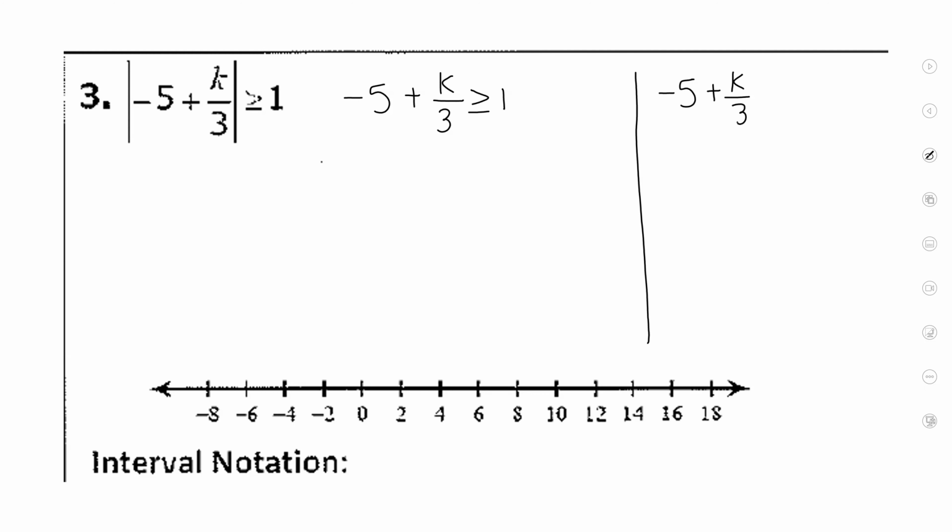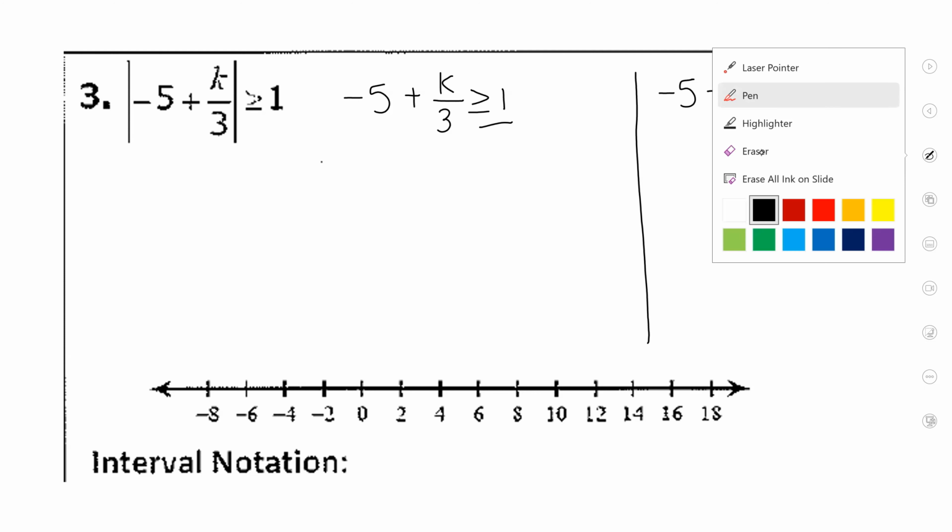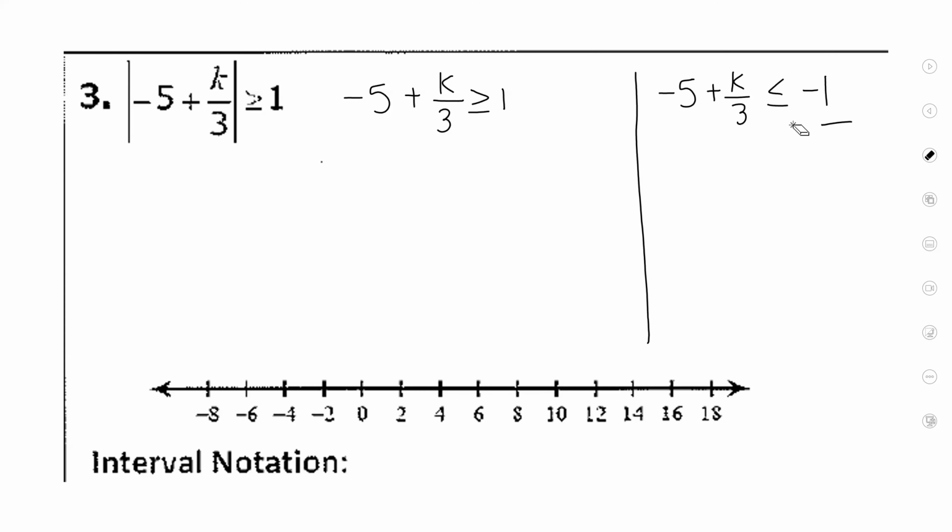What I'm changing is the symbol and the number. Okay? That's why we call it the KISS method. Keep it, switch, switch. Okay? So those are my 2 cases. One stays exactly the same, the other one, you switch the symbol and you switch the number. Okay? Now we're just going to go ahead and solve.